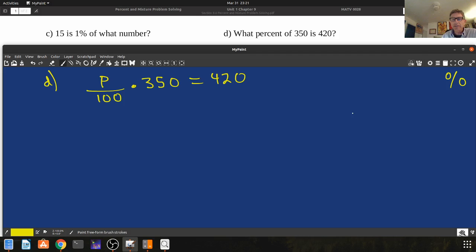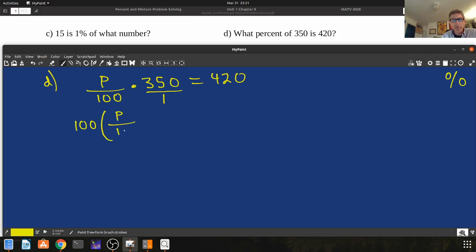Again, let's clear denominators. There's an easier way to do it. You could simplify 350 divided by 100 if you want, but let's just work on clearing the denominators. If you want, you can turn that into a fraction. So the LCD of 1 and 100 is 100, so I'm going to multiply both sides by 100.